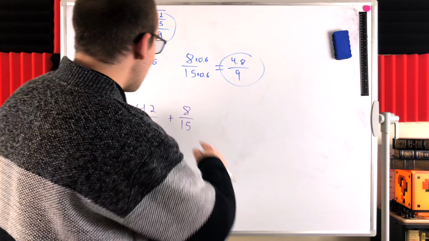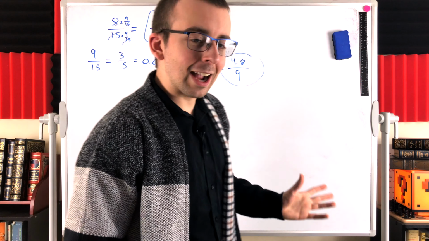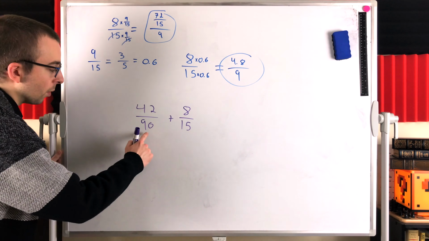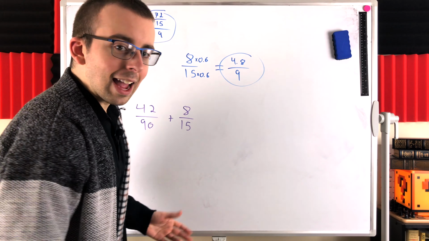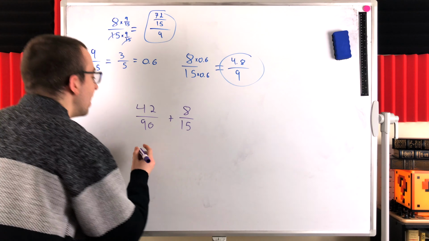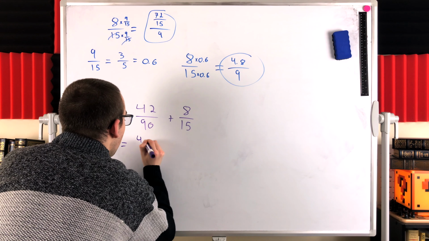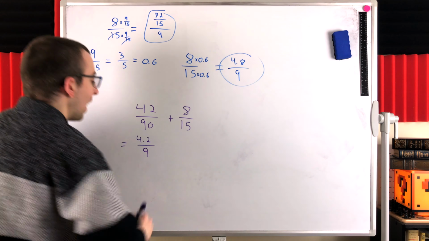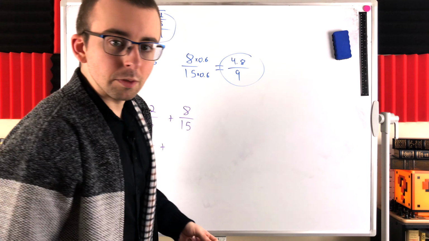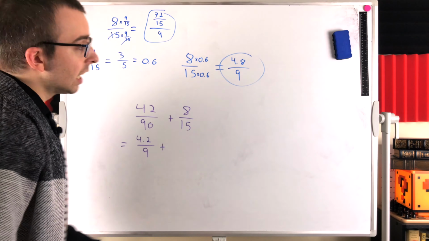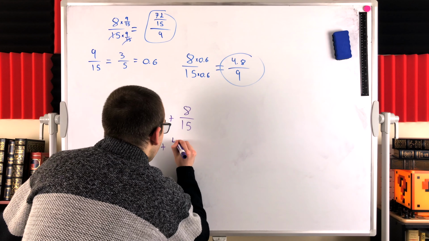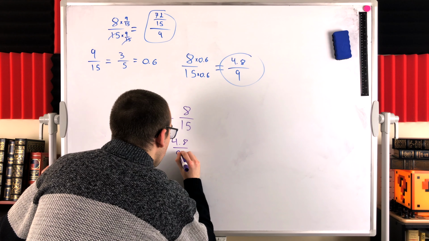I don't even care if the numerators become ugly fractions or decimals. I just want to work with a small denominator. So you might say, well, 90 is a multiple of 10. So we could divide the numerator and denominator of this fraction by 10 and rewrite it as 4.2 divided by 9. And then we could just rewrite this fraction, 8 over 15, in terms of nines, which we already did. We know that's 4.8 over 9.